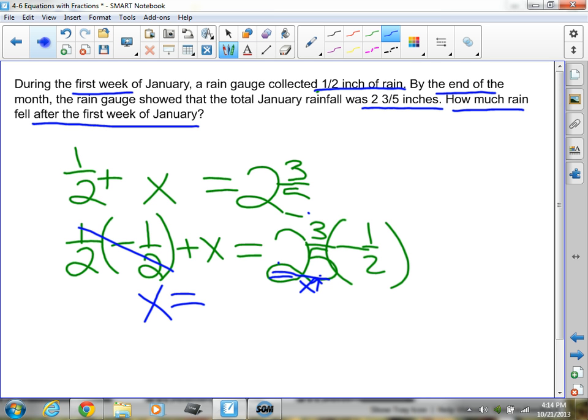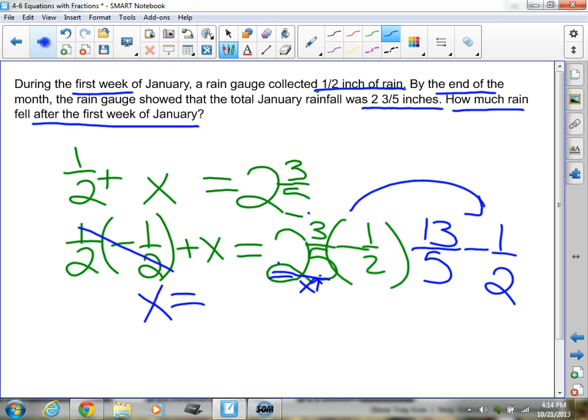So 2 times 5 is 10. 10 plus 3 is 13. Of course, my denominator stays the same. I'm just copying this over here so I don't forget what my goal is. So I have 13 over 5 minus 1/2.